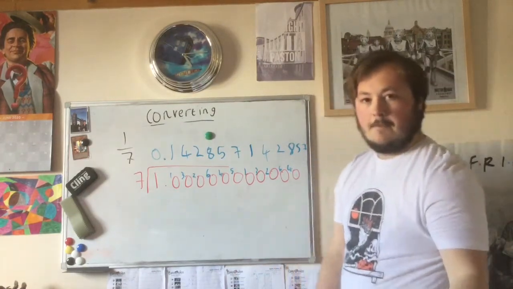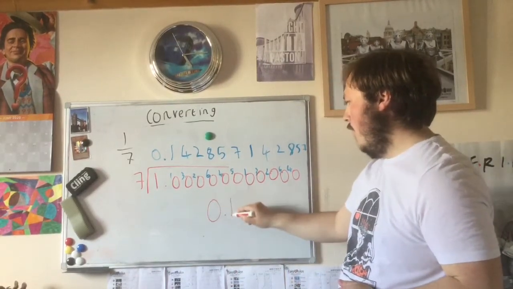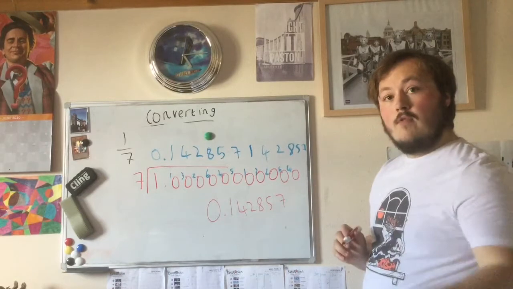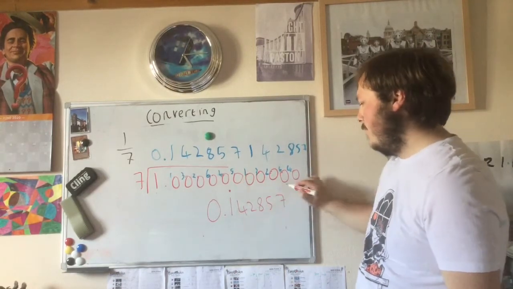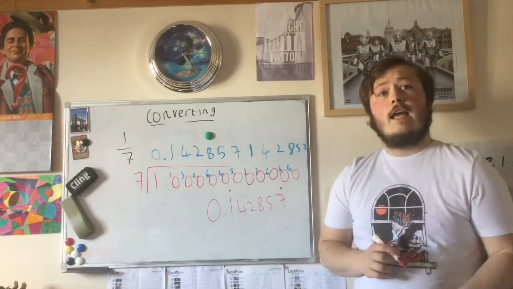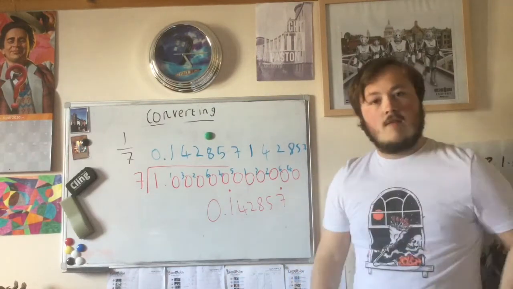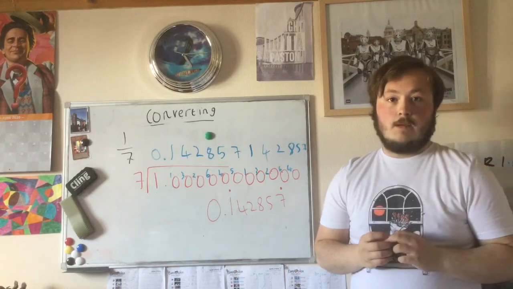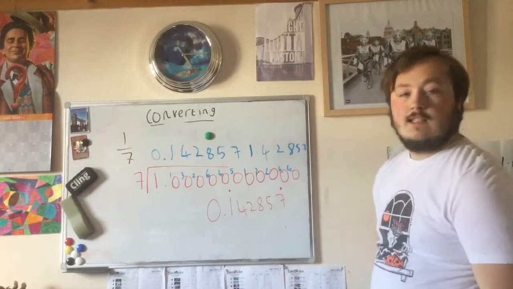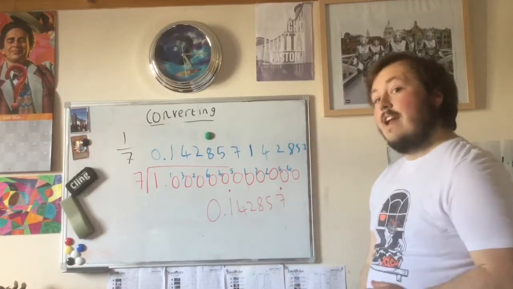Well, usually the best way is 0.142857, and I put the recurring dots at the start and the end of the sequence, because that is what is going to be recurring throughout the problem. So, 1 over 7 in decimal form is 0.142857, and all of this is recurring.